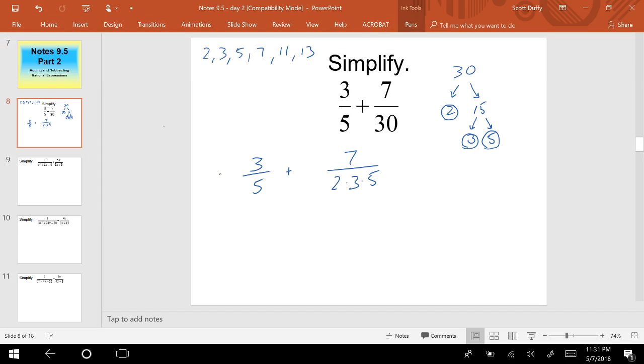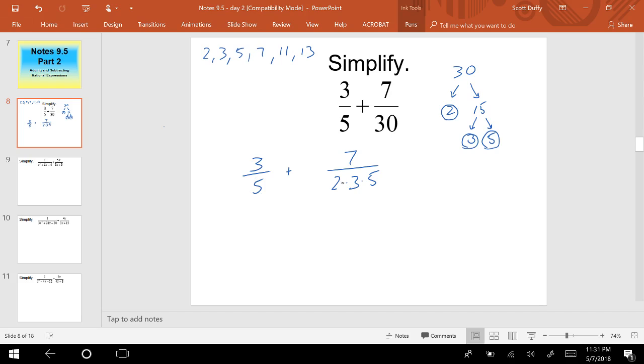Now, what I'm going to say is, does the denominator of this fraction on the left have a number that this fraction doesn't have on the bottom? No, they both have a 5. Then you ask, okay, does this denominator have some numbers that this denominator doesn't? And you say, yeah, it does. It has 2 and 3.